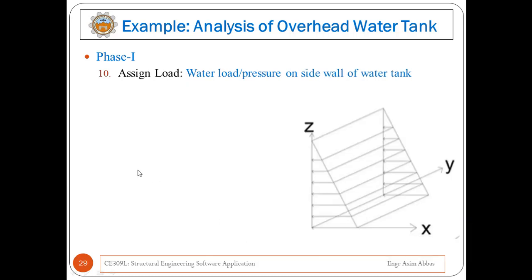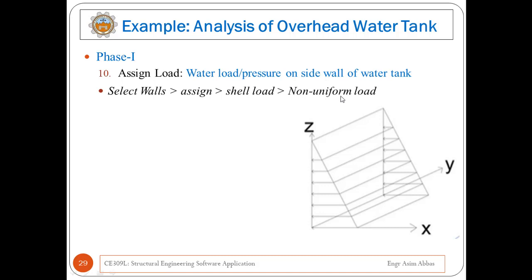Now I will apply water load or pressure on the side wall of the water tank. So this diagram shows the water pressure distribution on the side of the wall, right? So this load is applied in the form of a non-uniform load, right?